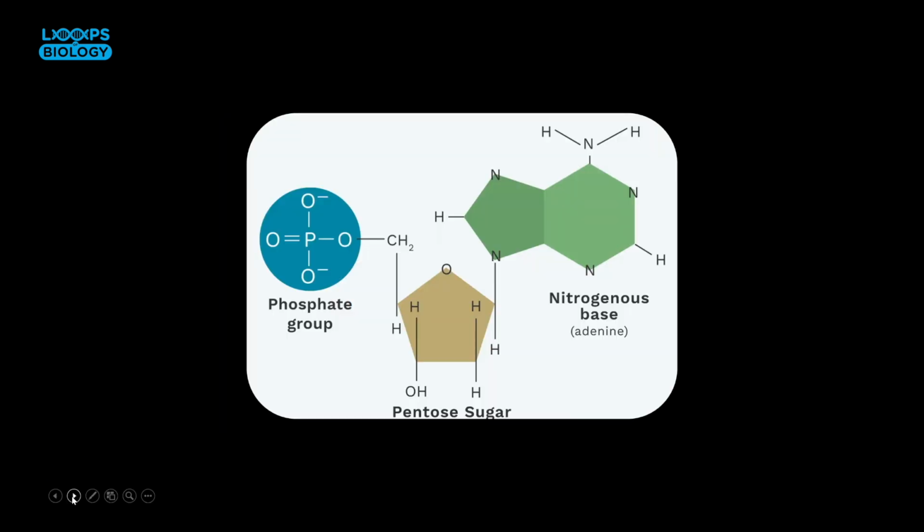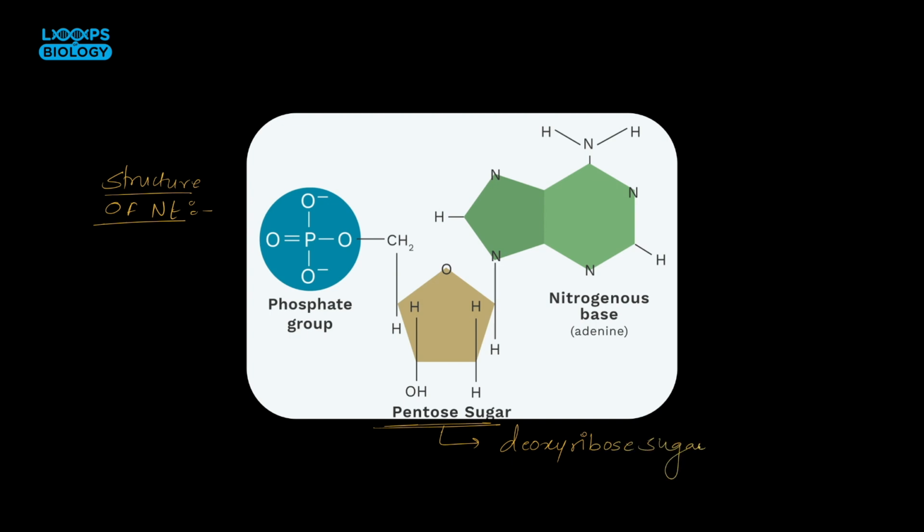Let's move on to the structure of a nucleotide. This is nothing but your structure of a nucleotide. As we have seen, the nucleotide is comprised of ribose sugar, but in this particular case, this pentose sugar is considered to be deoxyribose sugar. Now you might be asking me, how did you come to know that this is deoxyribose sugar?